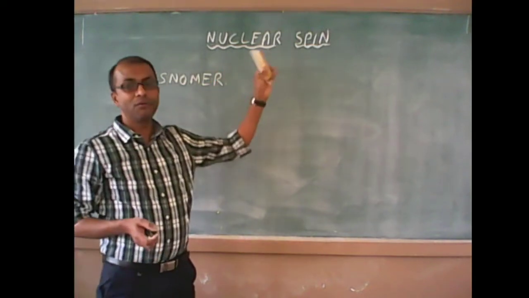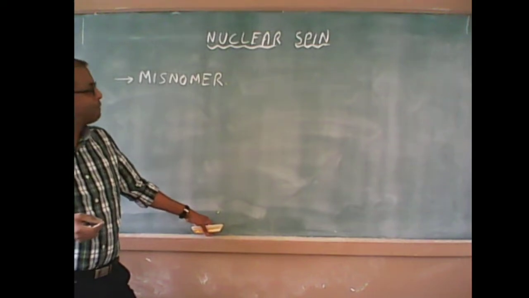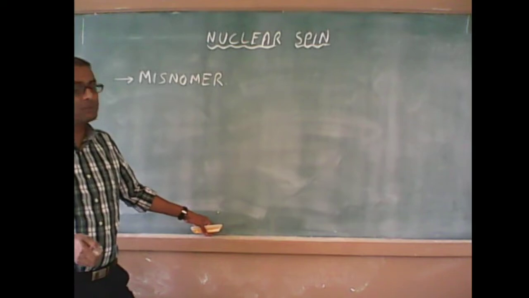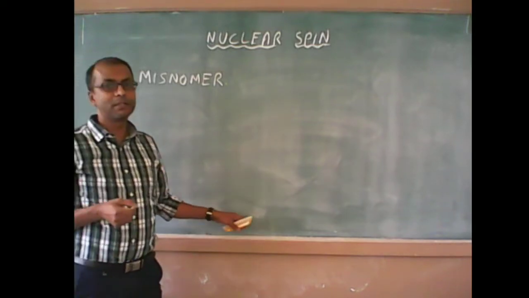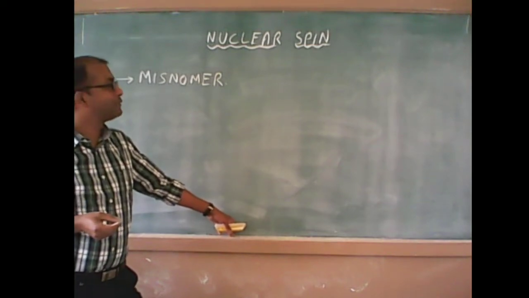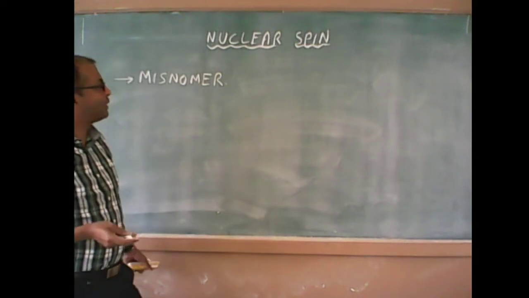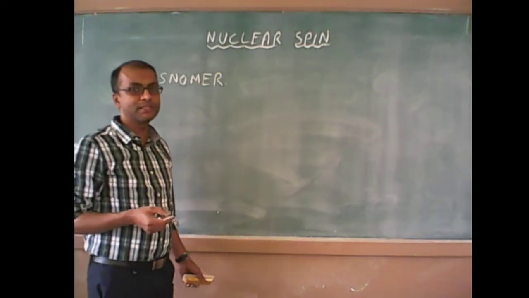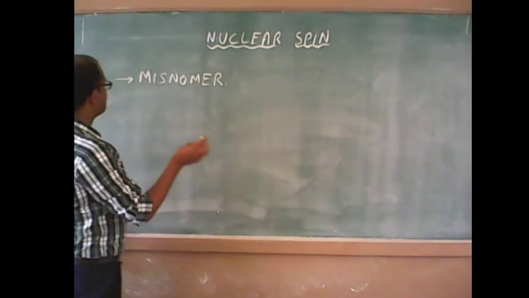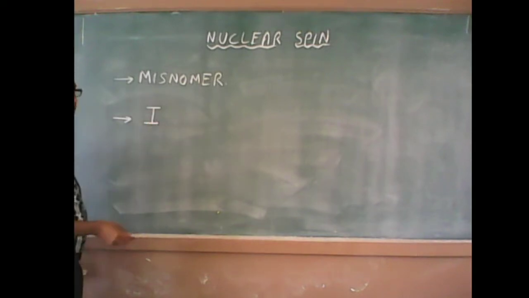With nucleus spin, we may have a tendency of thinking it's only the spin angular momentum, but actually nucleus spin is a term which denotes the total angular momentum of the nucleus as a whole, and it is a resultant of all the individual spin angular momentum and the orbital angular momentum possessed by the nucleons inside the nucleus. And this nucleus spin is represented by the symbol I.